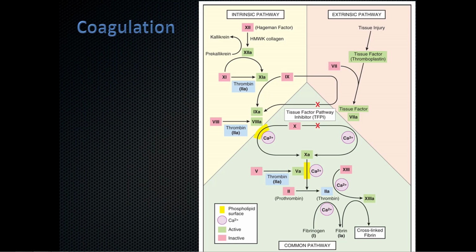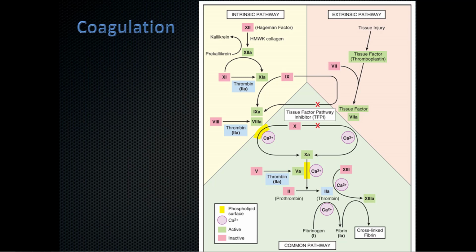So the intrinsic pathway is activated when there is damage to the subendothelium of vessels, and the subendothelium comes into contact with circulating blood. In this contact phase, proteins activate additional coagulation factors, and the two pathways converge into a common pathway. In the common pathway, prothrombin and fibrinogen are converted to their active forms, resulting in clot formation.